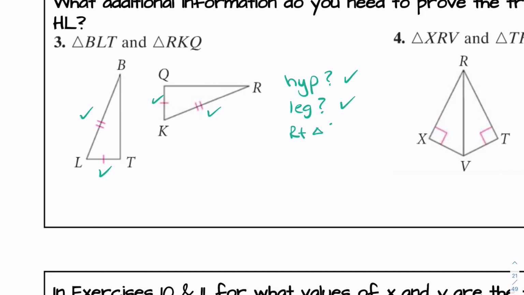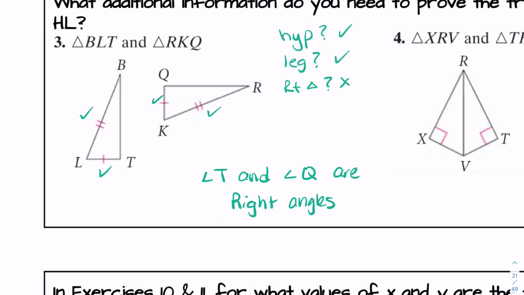And the answer to that is no. So I would need that information. We would need to know that angle T and angle Q are right angles. That's not what we're given, so we need to know that.